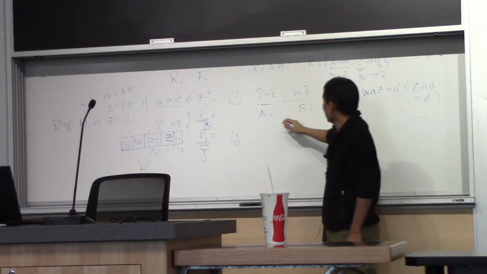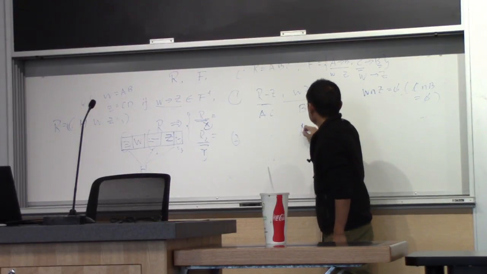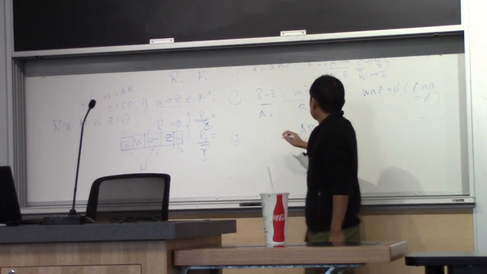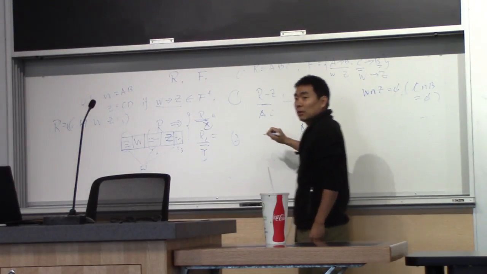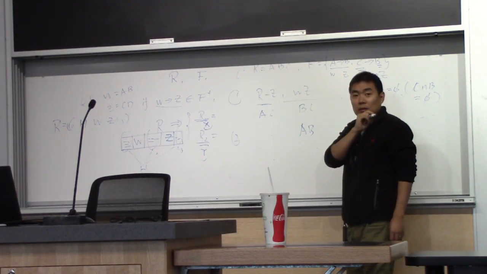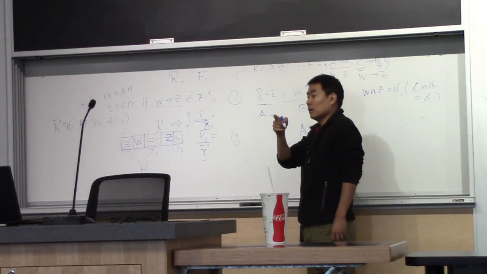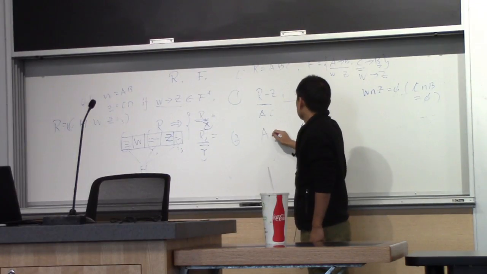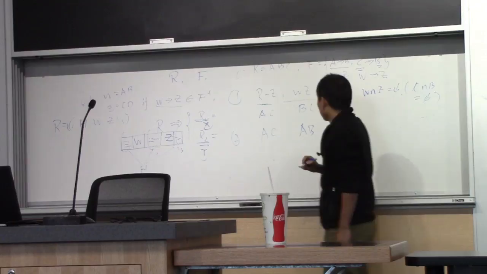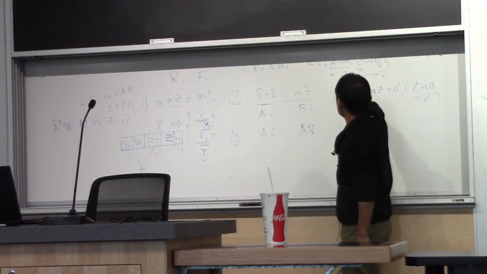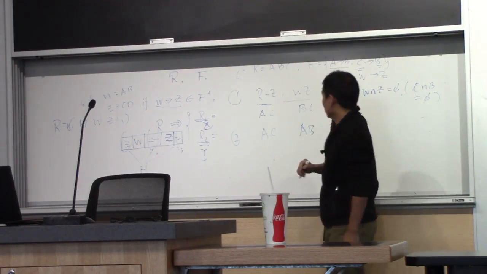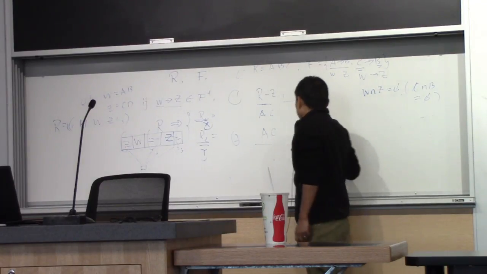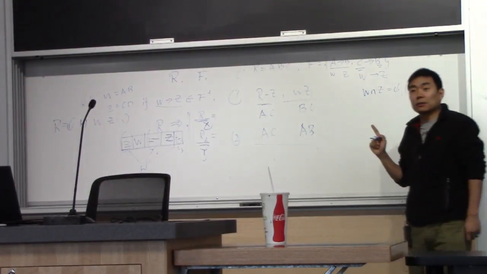Then my WZ is what? My WZ becomes AB. My R minus Z is what? No, tell me? Huh? AC. A, C. The same, right? And I claim this is a lossless strong decomposition. Why is that?